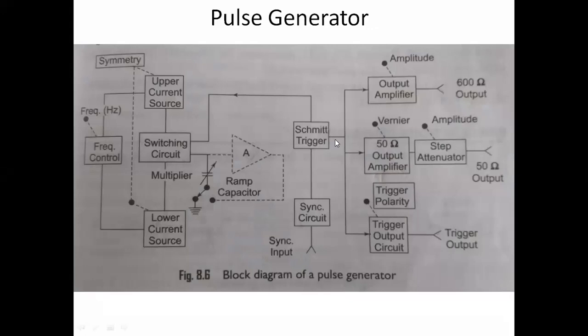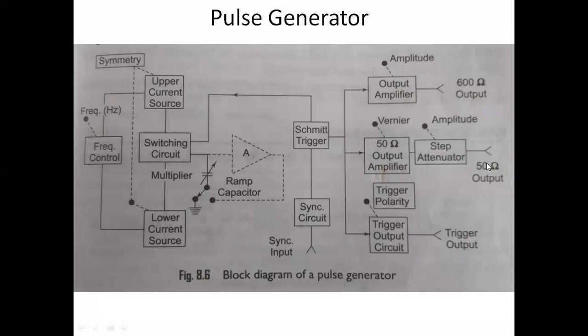From this Schmitt trigger, we can directly get the trigger output circuit. Similarly, we can also produce the 50 ohms output, so we can get the 50 ohms output amplifier and step attenuator.